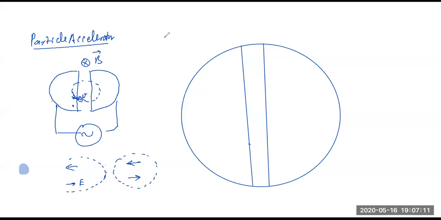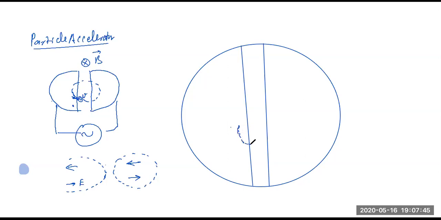Right? So what will happen with that is, see, now I'll explain. The particle starts from here. The electric field is acting, let's say, in this direction first. So first thing, it will not be a circle. The electric field is acting from left to right.